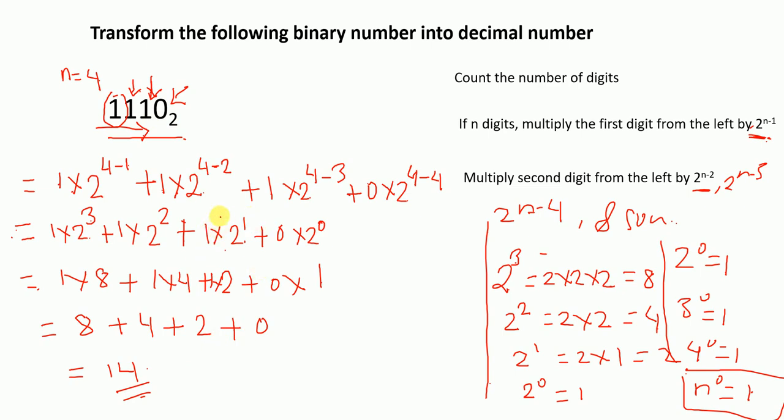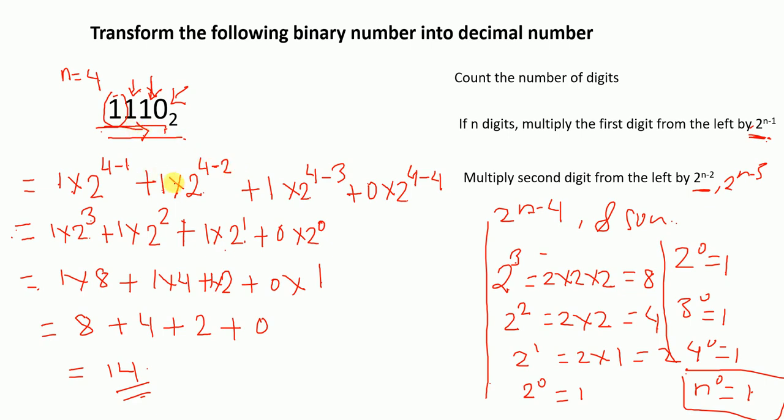To summarize, you have your binary number. You count the number of digits, 1, 2, 3, 4, and you write n equals 4. You take the leftmost digit and multiply it by 2 to the power n minus 1, so 4 minus 1. Then the second digit, 1, times 2 to the power n minus 2, so 4 minus 2.